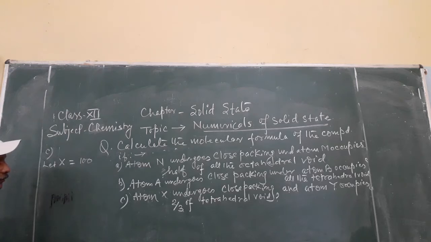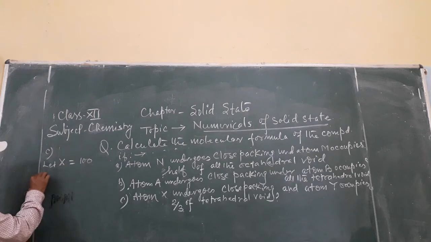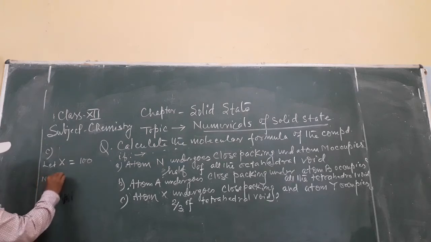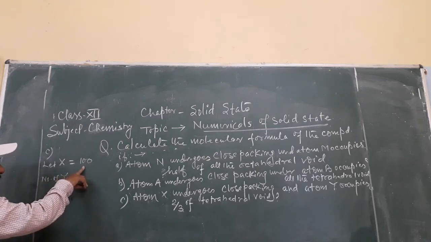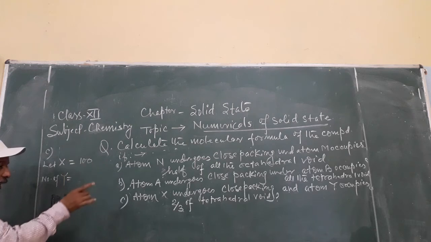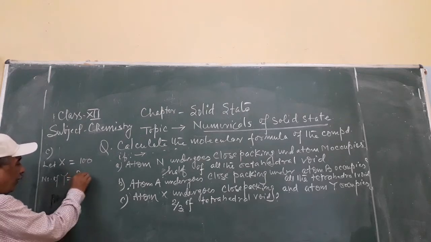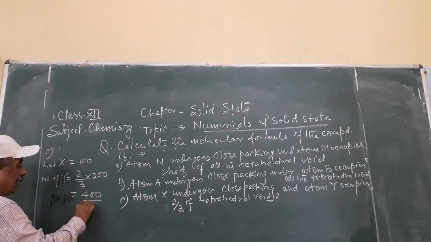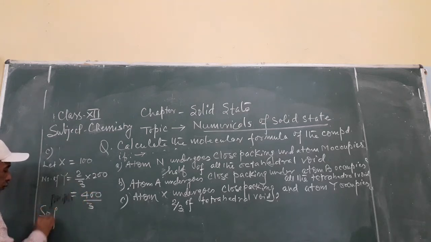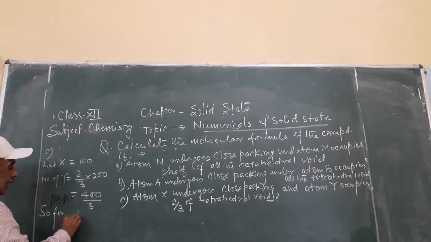The number of Y will be, because X taken is 100, the tetrahedral voids formed will be 200, and then the number of Y will be 2/3 of 200, which means 400 by 3.